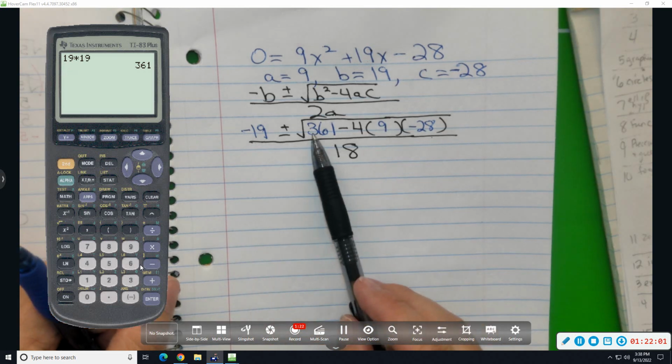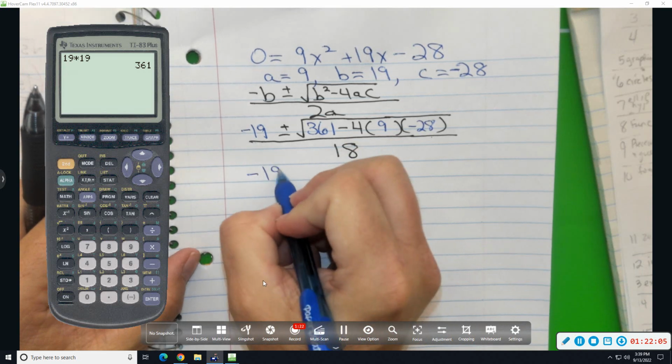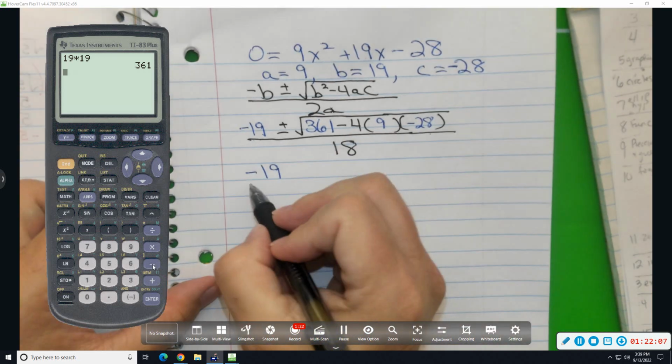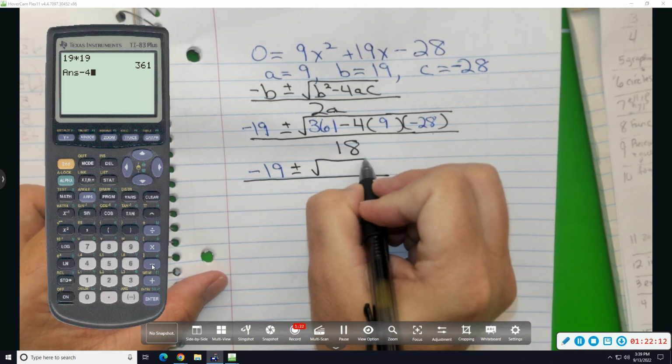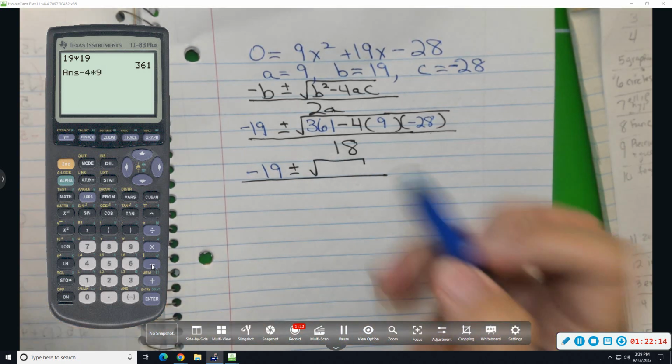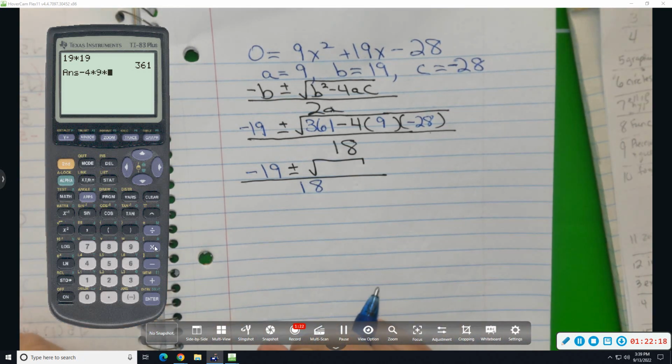And let's work underneath that radical. Punching that into our calculator: 361 minus 4 times 9 times negative 28.